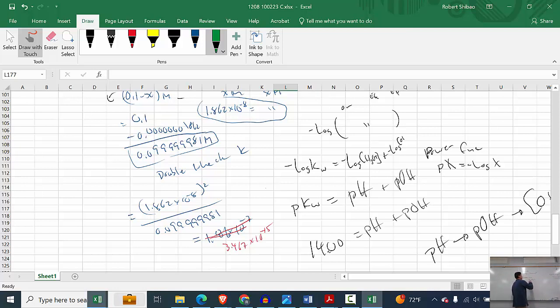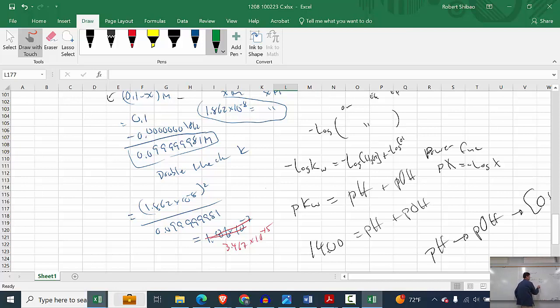And so if I needed the Kb for acetate, acetate's not on the table, but its conjugate acid is. What is its conjugate acid? Acetic acid. So all I have to do is go Kw over the Ka for acetic acid, HAC. This is not acetic, this is just a generic anion.